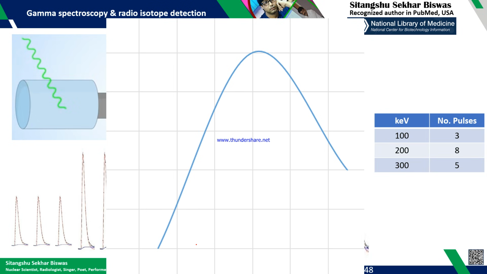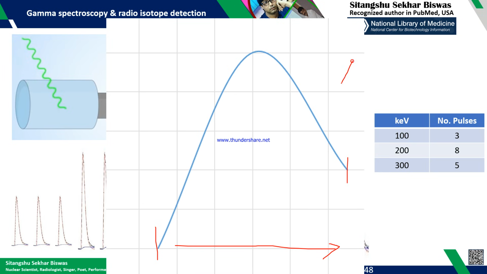So the x-axis is the energy level in keV, and the y-axis is the number of pulses, and this peak pattern is unique for a particular isotope.